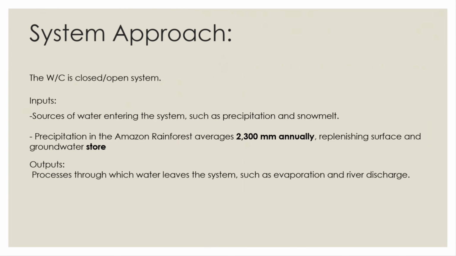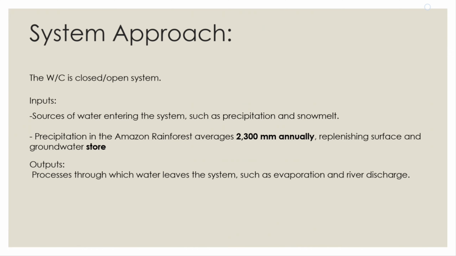Here is an outline of how you can approach four markers for the system approach for your water and carbon cycle. So for the water cycle, you may want to highlight if it's a closed or open system, and then you state what the inputs are, and then you state what the outputs are, and then you back it up with a fact or you explain it further.